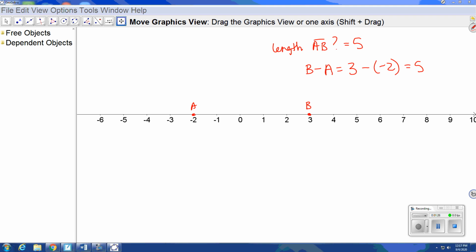But what if we accidentally did A minus B, and we did -2 minus 3, and we get -5? Well, lengths have positive values. Okay, we want a positive output from our calculation. So to avoid making the mistake of outputting a negative value, to find the length between any 2 points, no matter where they're located, the length of a segment will be equal to the absolute value of one endpoint minus the other.